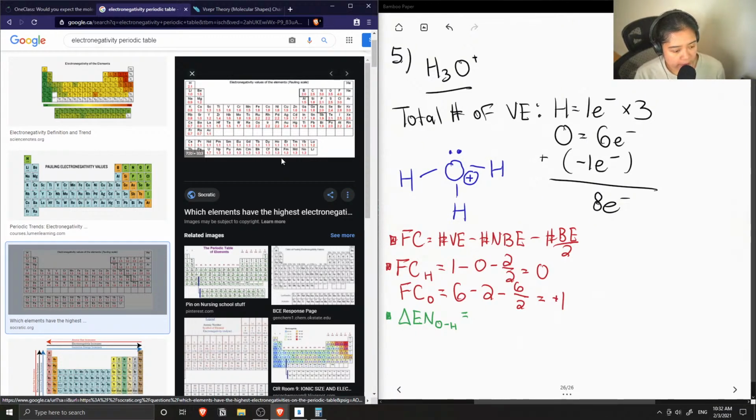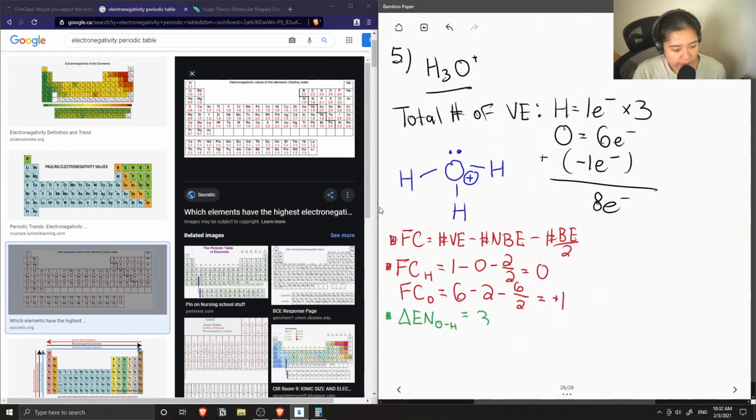And if we find the electronegativity value of oxygen, it's 3.5. And for hydrogen, it's only 2.1. So the difference between the two is 1.4. So therefore, the oxygen-hydrogen bond is polar.